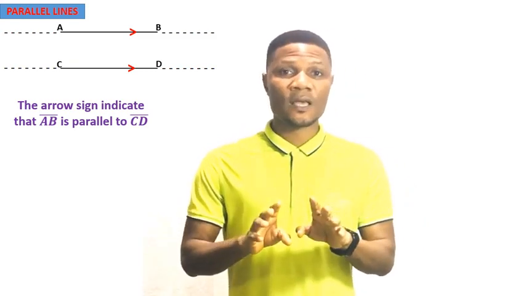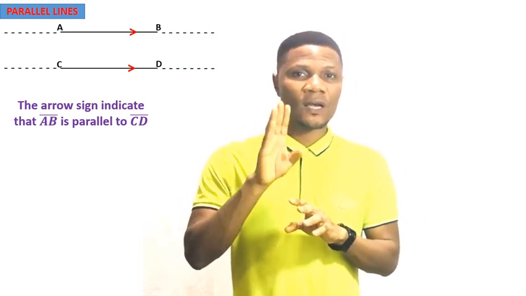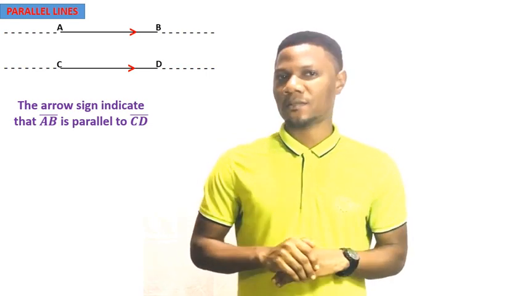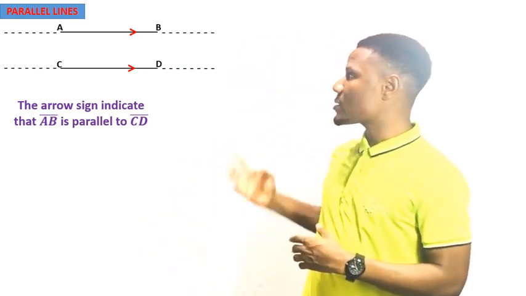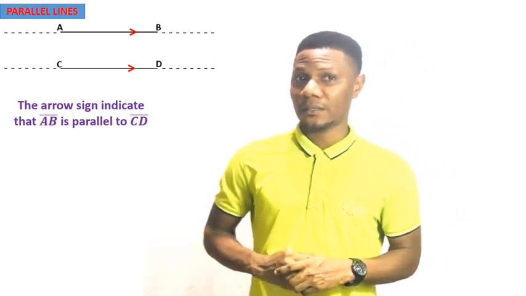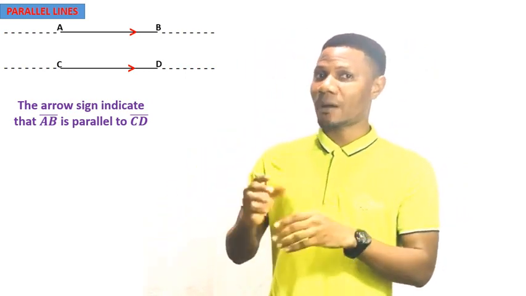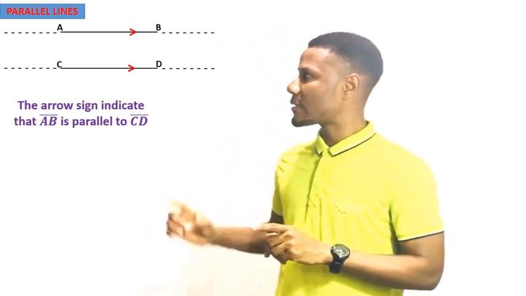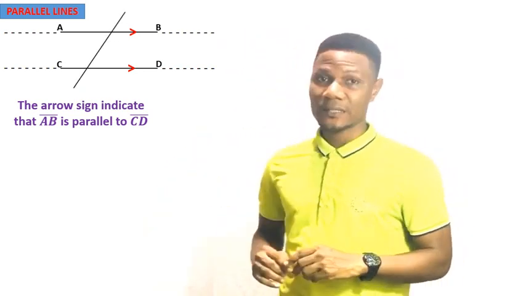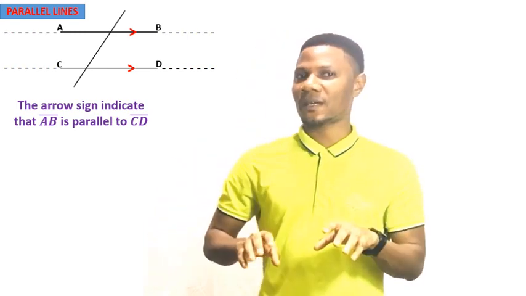Now you need to understand that angles can be formed on parallel lines. If there is a line that cuts through a parallel line, then angles can be formed on the line. Any line that cuts through a parallel line is called a transversal.